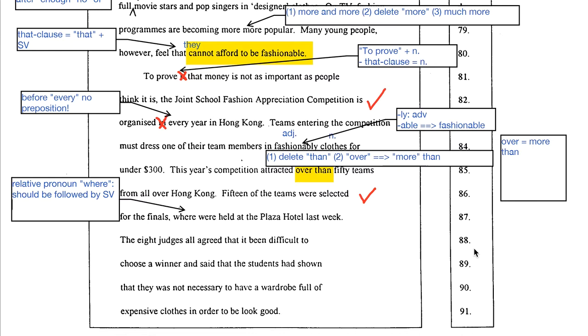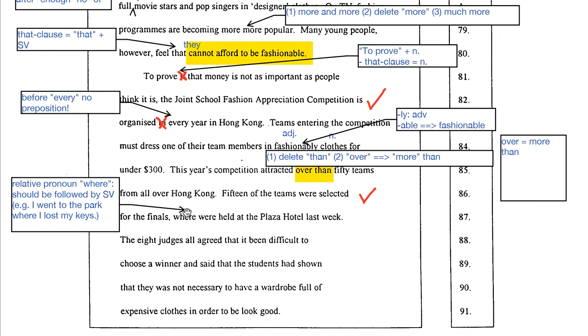Right, now to give you an example, I would say: I went to the park where I lost my keys. Okay, so "I" is the subject, "lost" is the verb. So you see what I mean? If after the relative pronoun "where" you don't use a subject and verb, then you should not use "where," you should use "which."